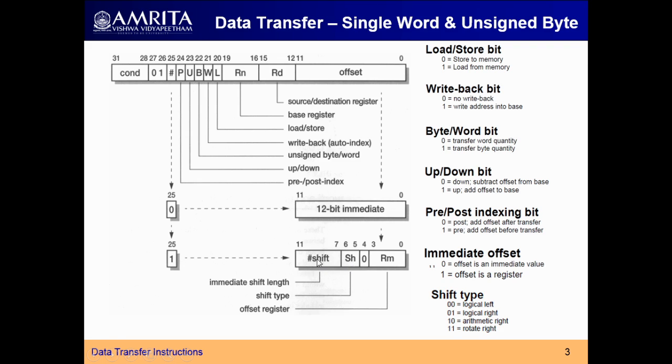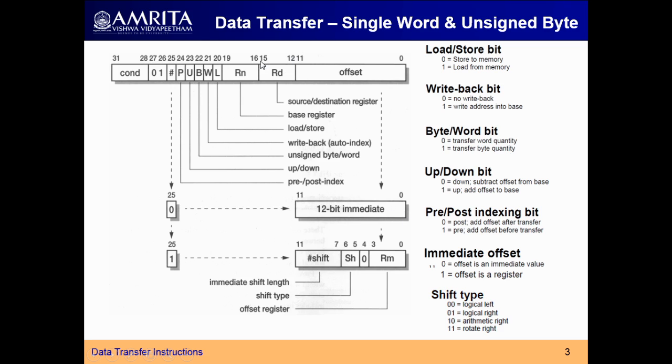Then bit number 7 to 11 is used for providing an immediate shift length on the register. So whatever offset you have specified in this Rm can be shifted by using this immediate value. If we are using a register for storing the offset, the binary encoding will be like this for the initial 12 bits. Otherwise, you can give a 12-bit offset directly here.